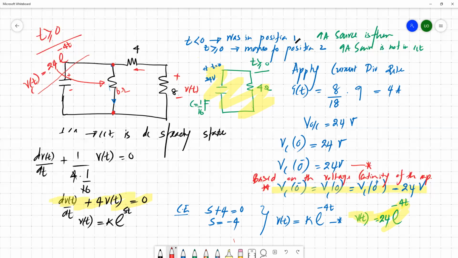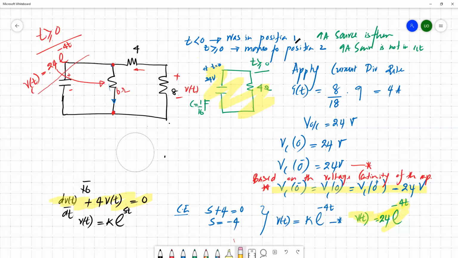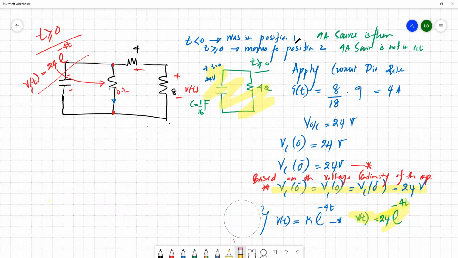So what about the voltage across the 8 ohm? You can just apply the voltage divider rule to get the voltage across the 8 ohm resistor.